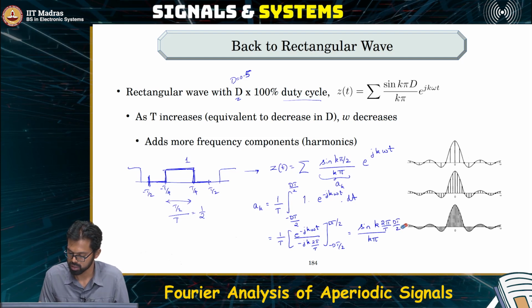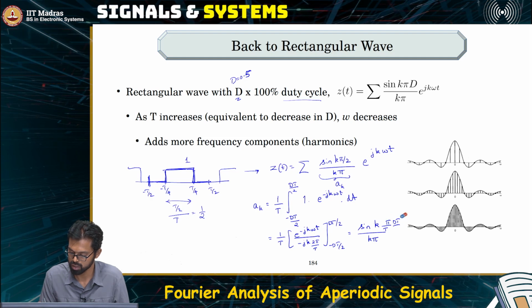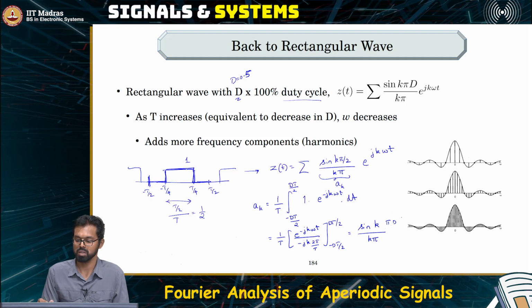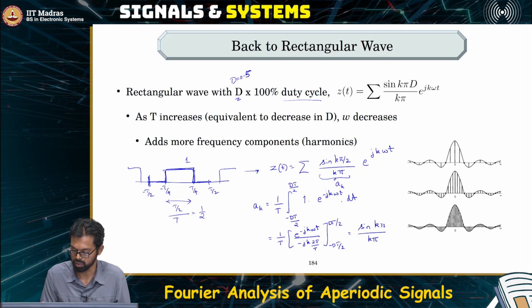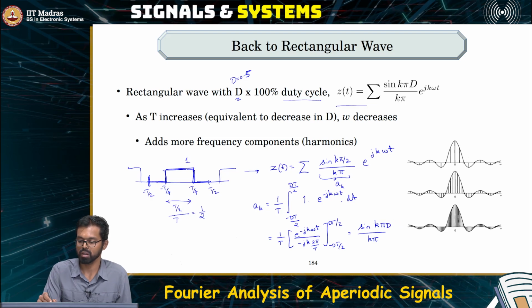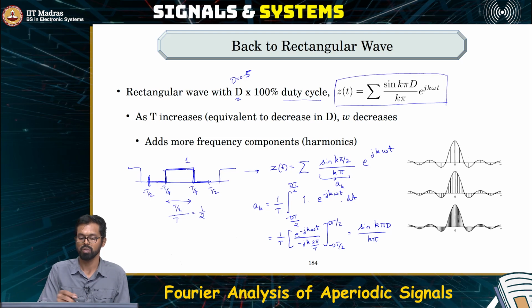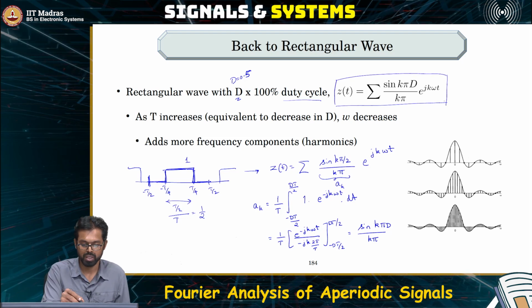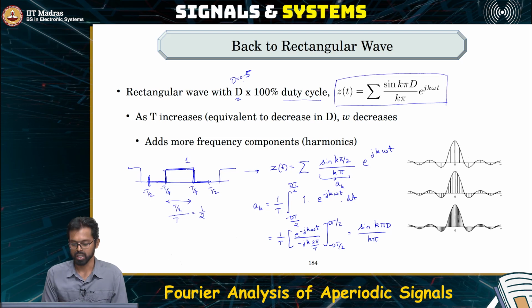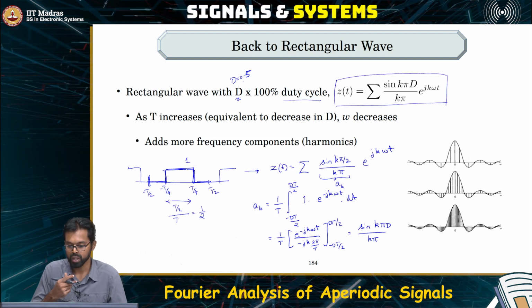That gets cancelled, and what we have is k by T. So this is what we have as the coefficients. Now the entire Fourier series expansion becomes this for a rectangular wave with a duty cycle given by this ratio d. Alright, so what does this tell us?